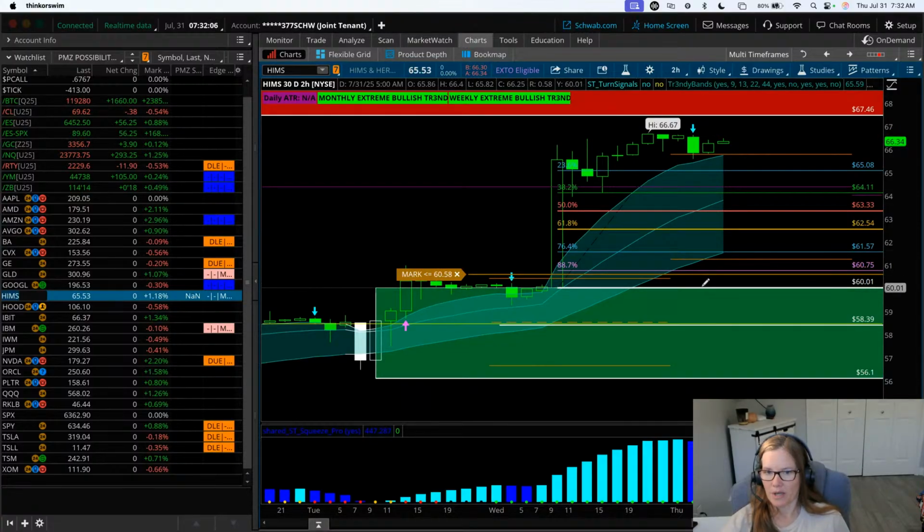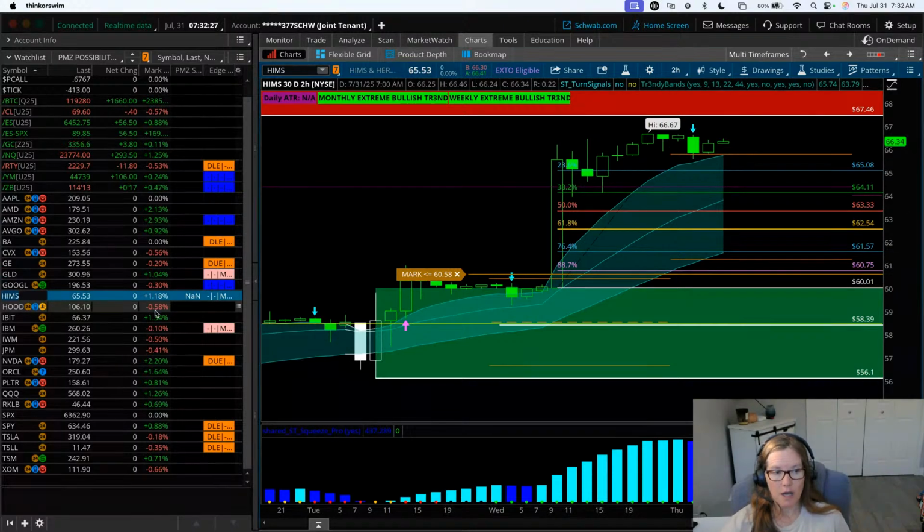Downside, you could play, like, say the day ends up being bearish, I would take a look at HIMS and go, okay, where's price at right now in relationship to the PMZ? Because HIMS can move down very quickly. It can also move up very quickly. So HIMS is kind of on the back burner there.